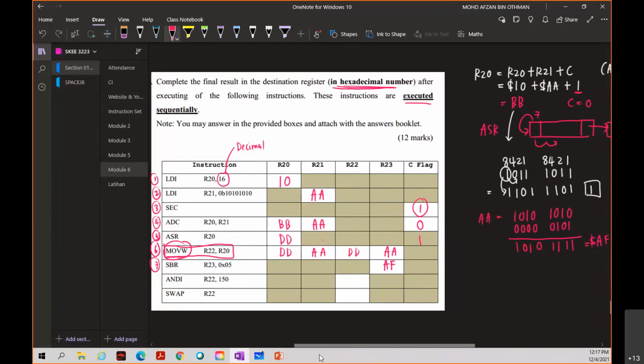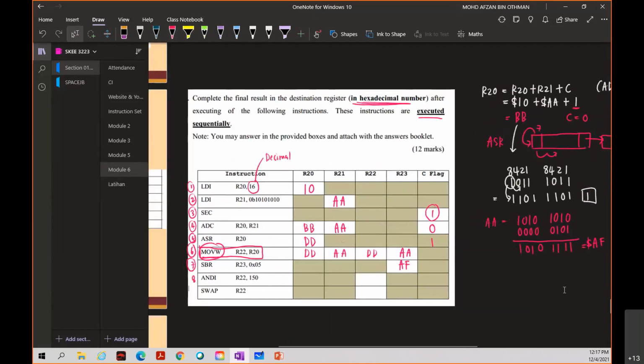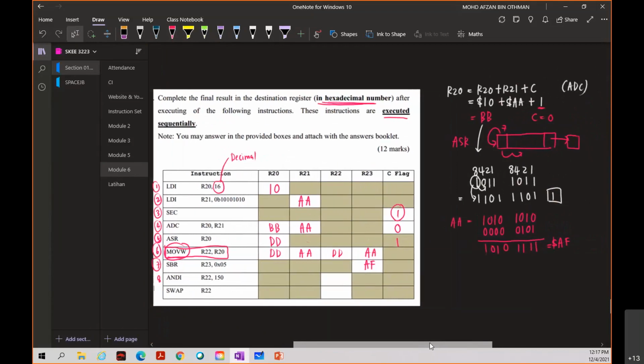Okay, next we have line 8. Instruction 8 is ANDI R20, 150. So what does the ANDI instruction do?